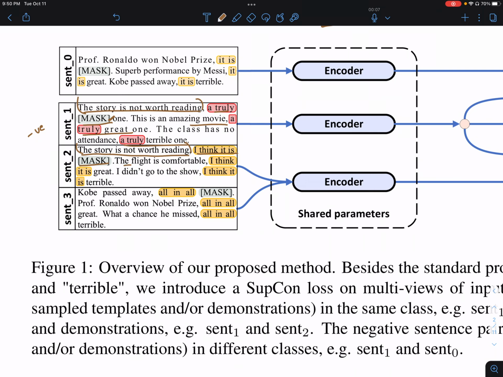The positive demonstration is about the flight, and the negative demonstration is about a show, right? So you can play around with different templates as well as different demonstrations to, they call this different views of the same data. And this is basically data augmentation, right? For the same input, you can generate multiple inputs by playing around with your templates as well as the demonstrations.